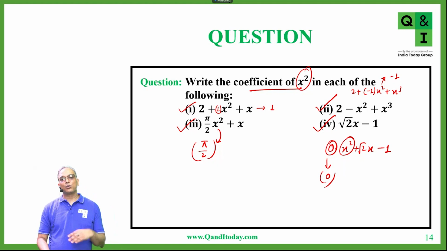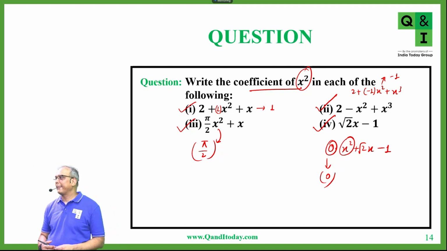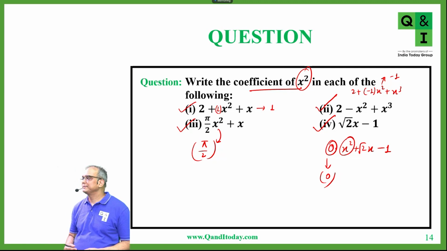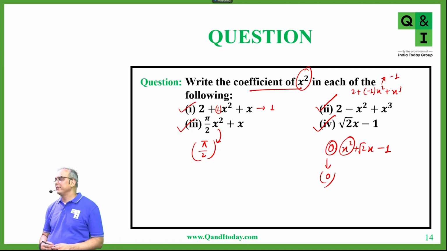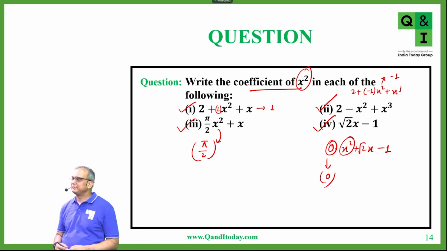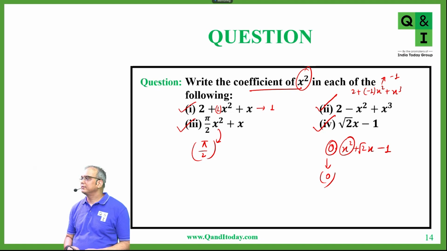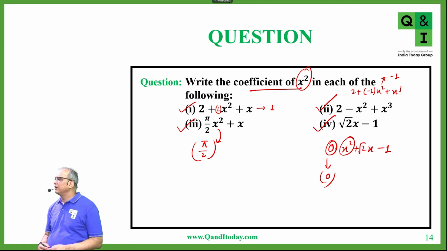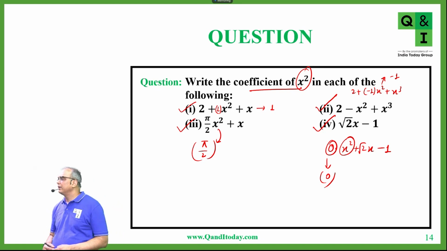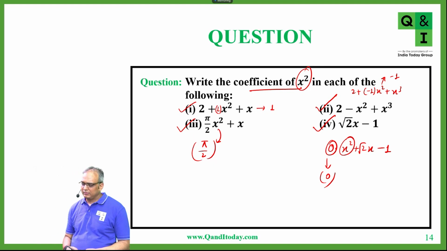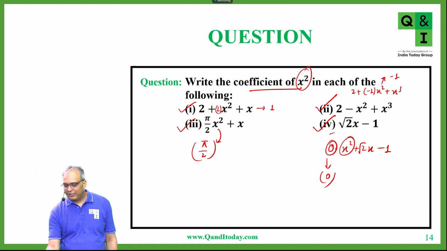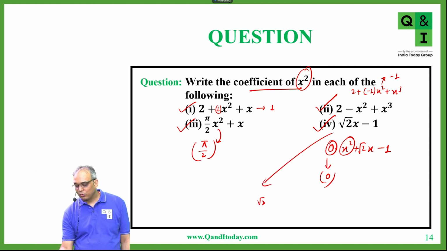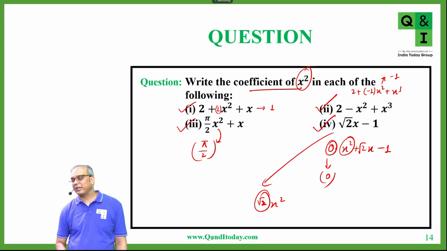Since there are no terms of x square, the coefficient of x square is 0. Clear? Yes, Rudra, you are correct. If in this case it was root 2 x square, then the coefficient of x square would have been root 2.